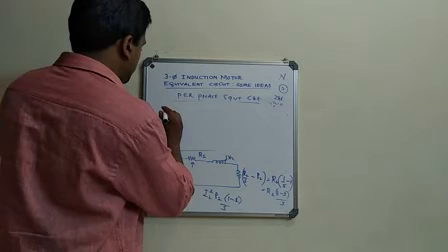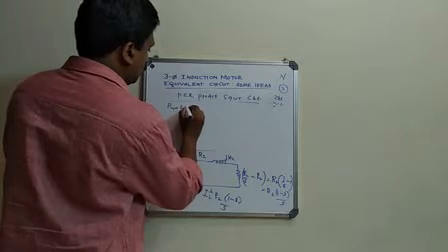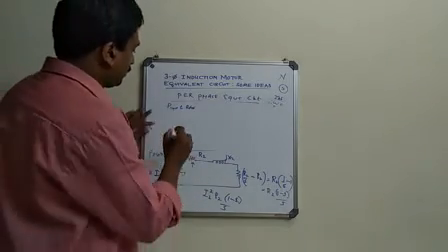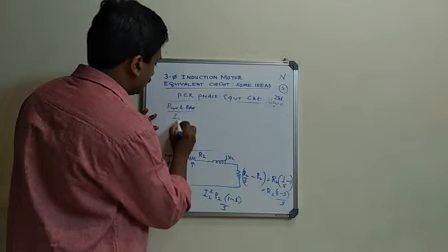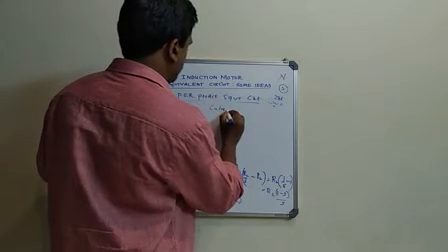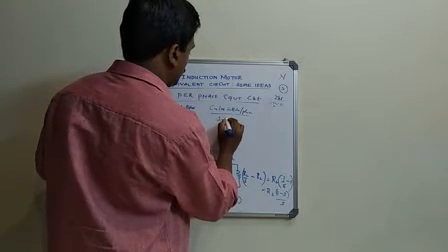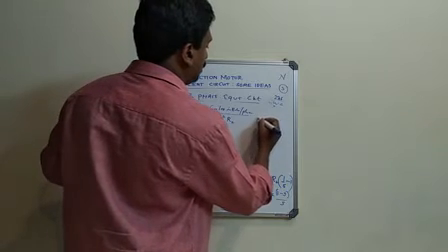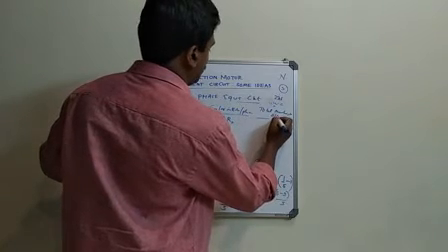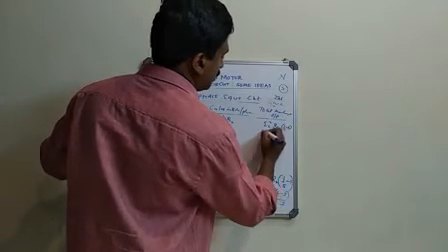You have three quantities: the input to the rotor, which is the rotor air gap power, I2 square R2 by S; then the copper loss in rotor per phase, I2 square R2; and the total mechanical output, I2 square R2 into 1 minus S by S.